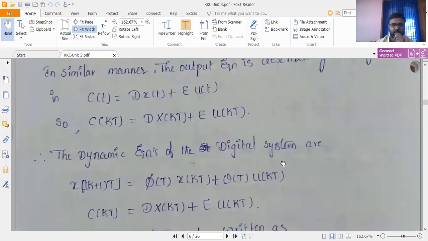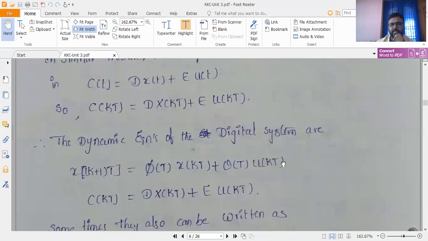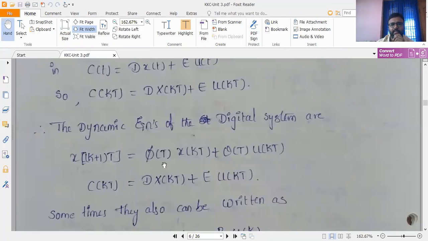Therefore, the state equations representing the sample and hold devices are x of (k+1)T equal to phi of T into x of kT plus theta of T into u of kT, and c of kT as D into x of kT plus E into u of kT. These are the two state equations of the discrete data systems with sample and hold devices.